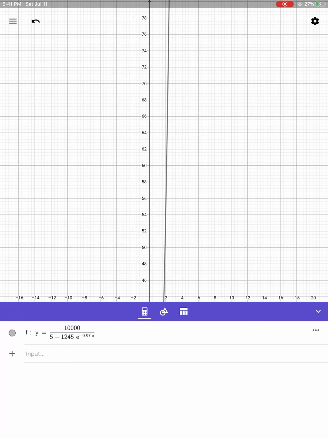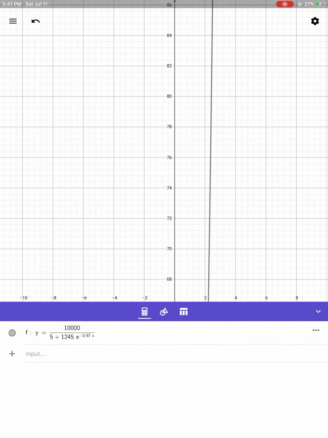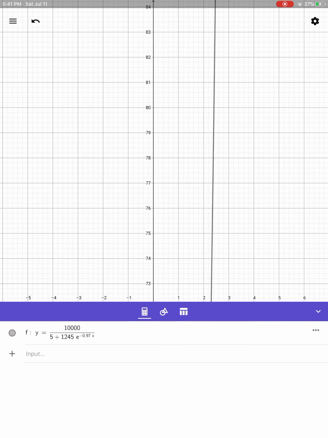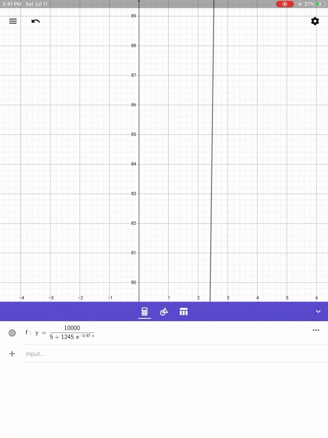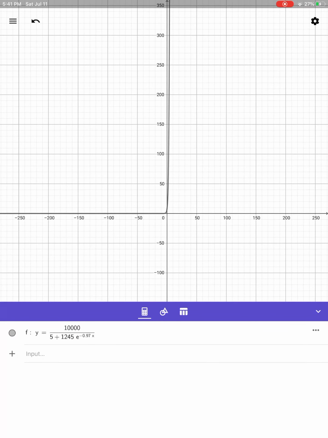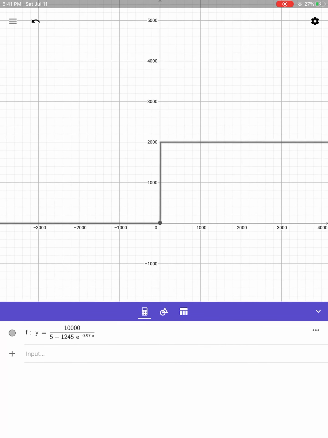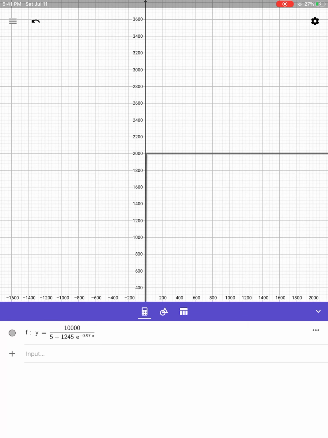You can see the input value is very small, observed by the distance between the y-axis and the graph, but the output value is increasing to a very high extent.